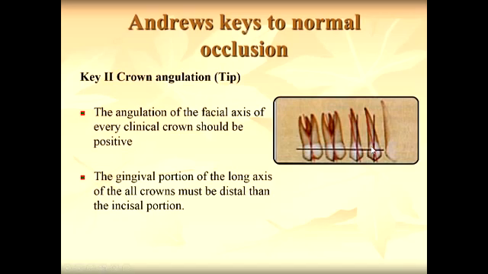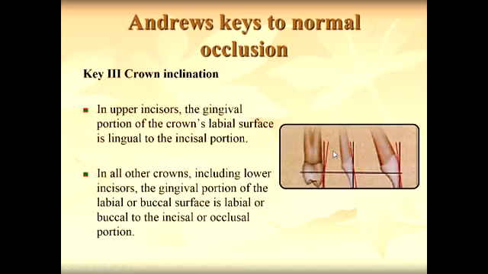The angulation of the facial axis of every clinical crown should be positive. That is, the gingival portion of the long axis of the crown must be distal to the incisal portion.